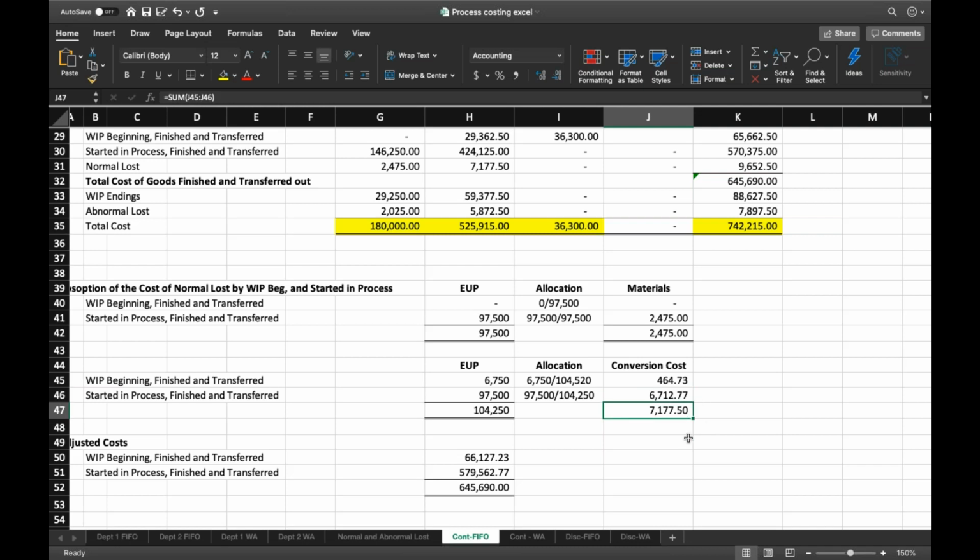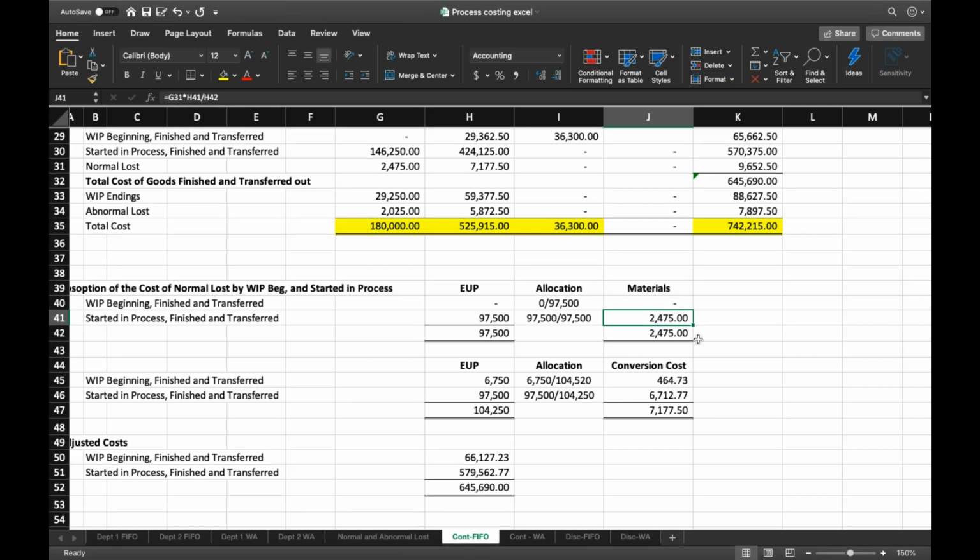So total, okay, all the cost of conversion cost for normal loss are already accounted for. 464 sa beginning, 6,712 for the started in process. Yun namang ating material cost for the normal loss, 2,475 are all accounted for. 0 sa beginning, 2,475 sa started in process.